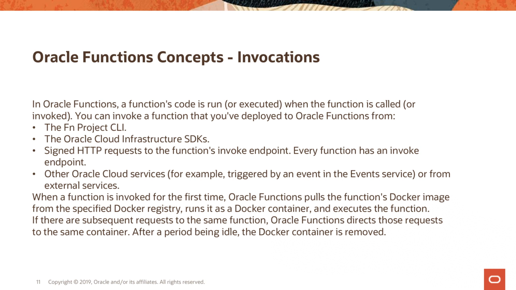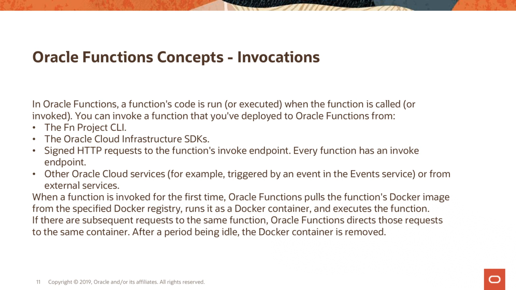But if the container is still there and there is another request to the same function, the Oracle Function Service is going to direct those requests to the same container, right? And when there is an idle period, the container itself is removed, but you don't have to care about any of that. It is all managed by the service itself.